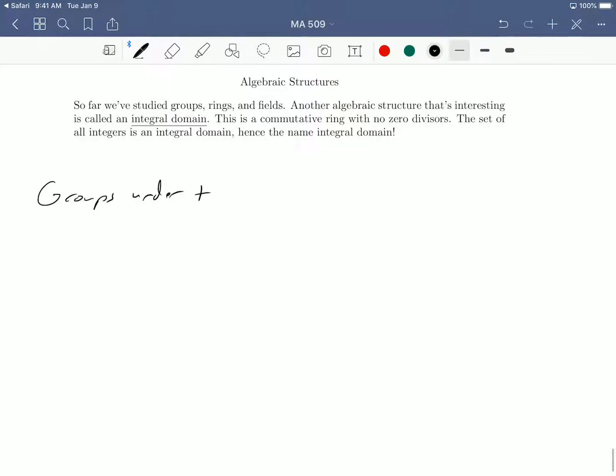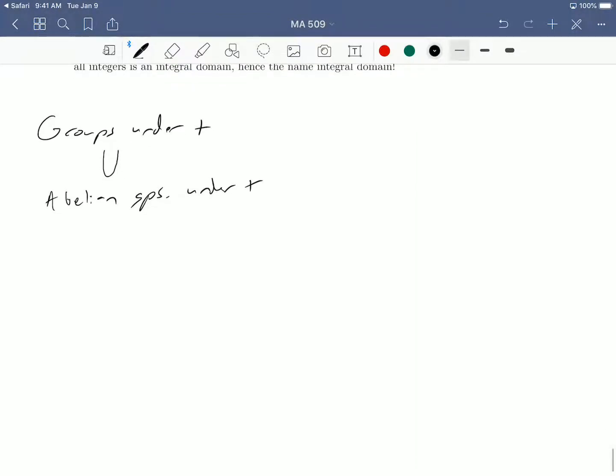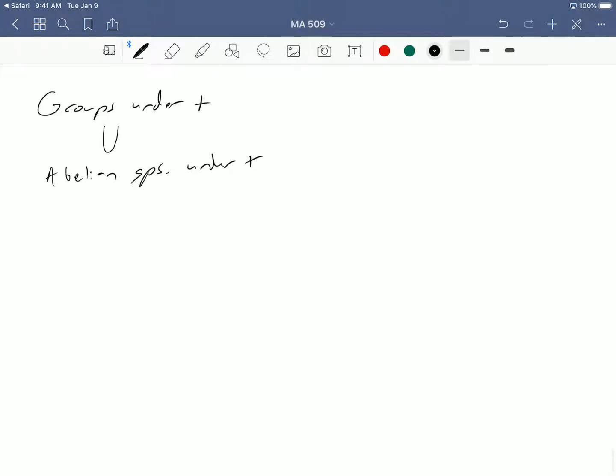And then we added on a subset of groups under addition, which are abelian groups under addition. And abelian groups under addition had all those same properties, but also we needed addition to be commutative there.